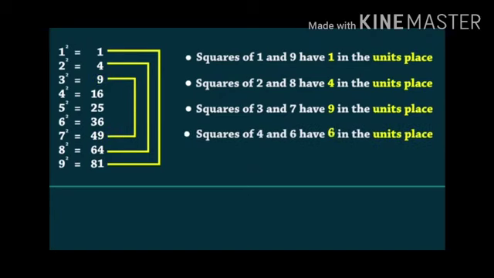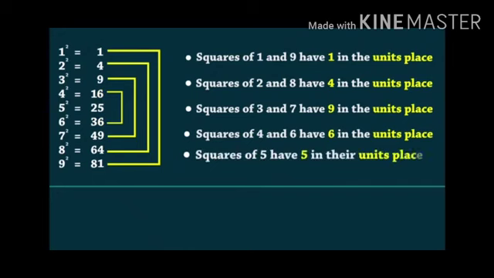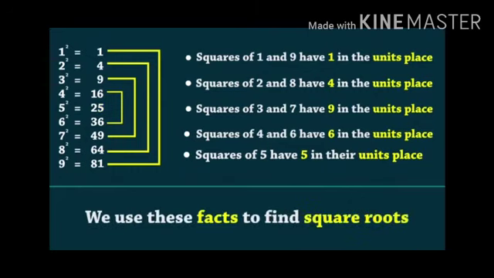Squares of 4 and 6 have 6 in the units place. And what about 5? The square of 5 has 5 in its units place. These facts we will use to find the square root.